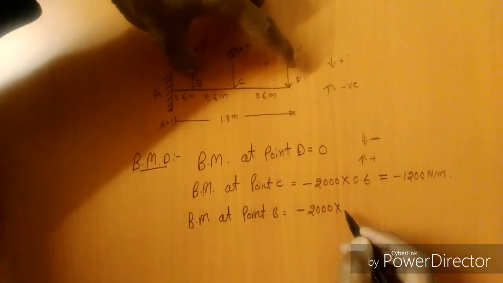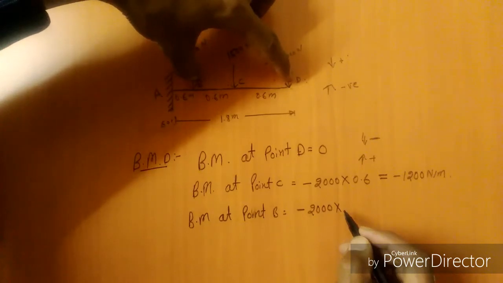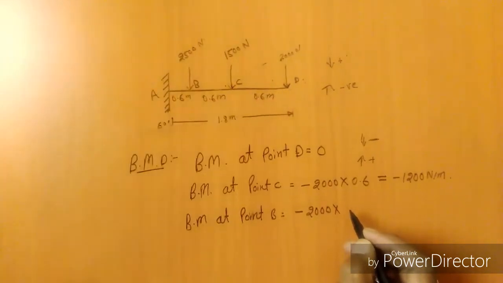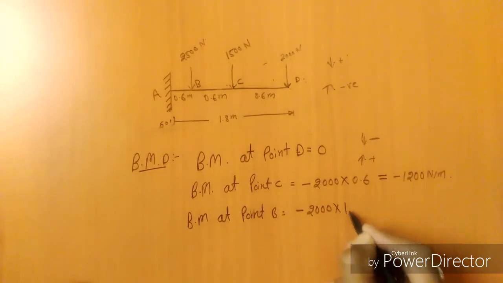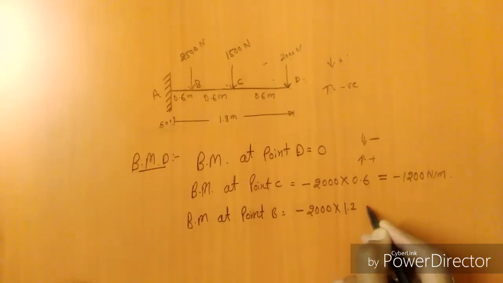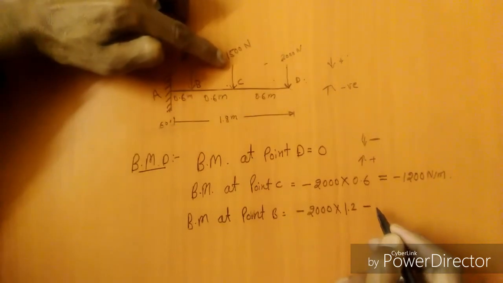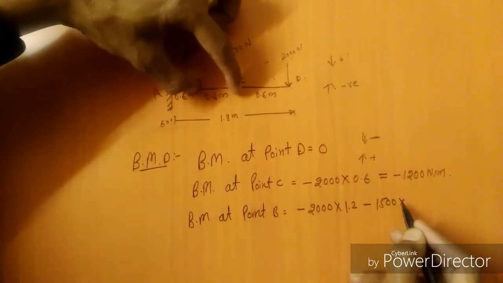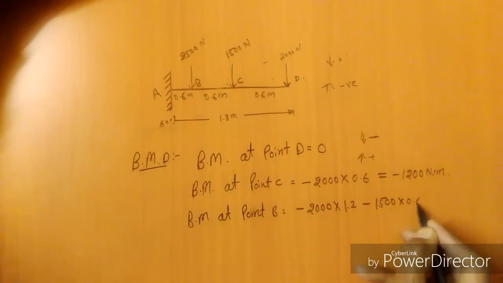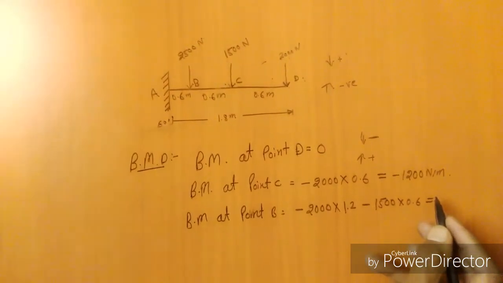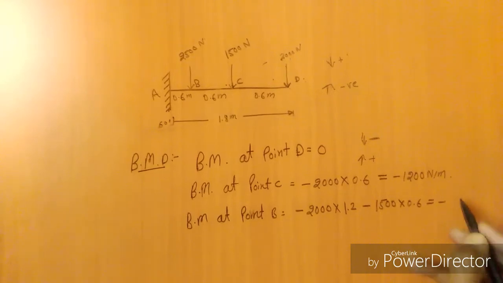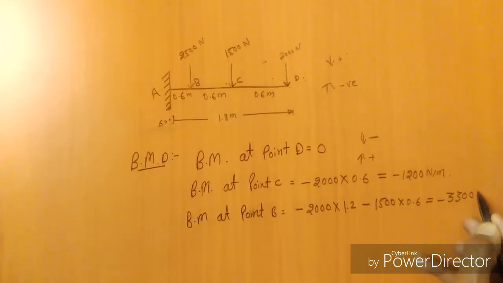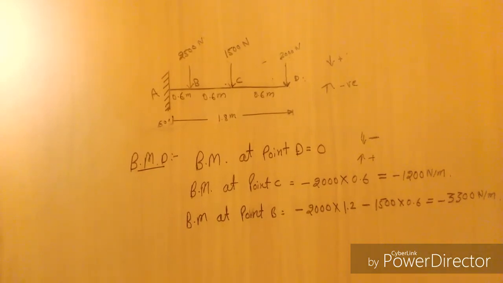What will be the distance from B to D? This is 0.6, sorry, plus 0.6, that is 1.2. Okay, minus this force 1500 into what will be the distance, 0.6 meter, that is equal to minus 3300 Newton meter. Okay, clear.